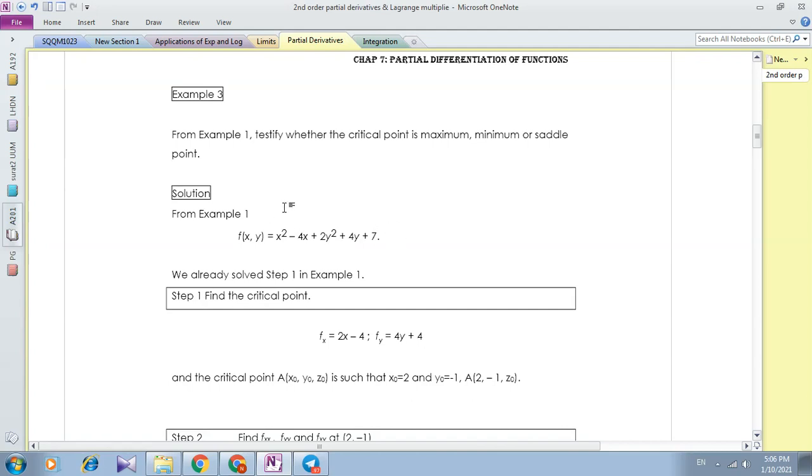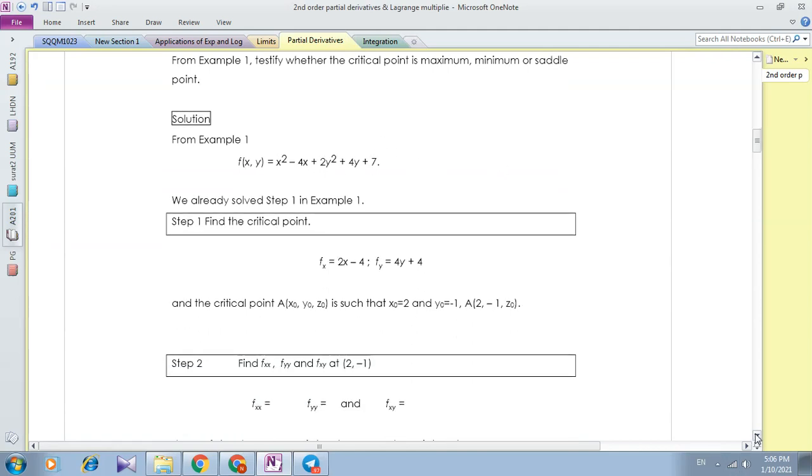This is our function with two variables, x and y. In the first step, you will find the partial derivative of x and the partial derivative of y, and you have found the critical point is 2 comma 1, 2 comma negative 1.